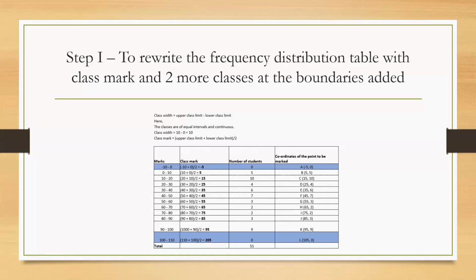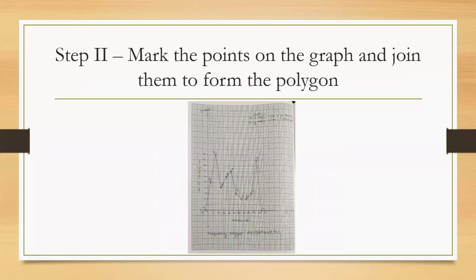Once this table is completed, we move on to plotting the graph. Always remember, whenever you are plotting the graph, you should mark the x-axis, y-axis, origin, and also the scale, both along the x-axis as well as the y-axis.